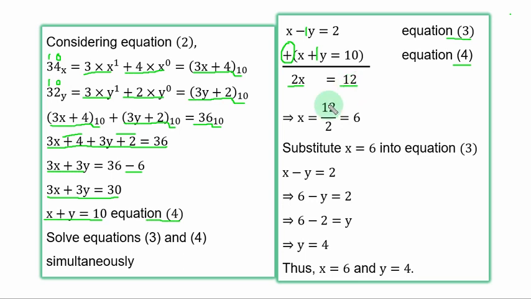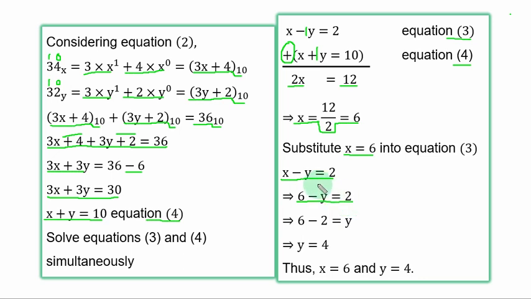Divide both sides by 2 to get s. So s is equal to 12 divided by 2, and that is 6. To get y, you substitute s equal to 6 into equation 3 or 4. But we are using equation 3, which is s minus y equal to 2. You replace s with 6, minus y equal to 2.